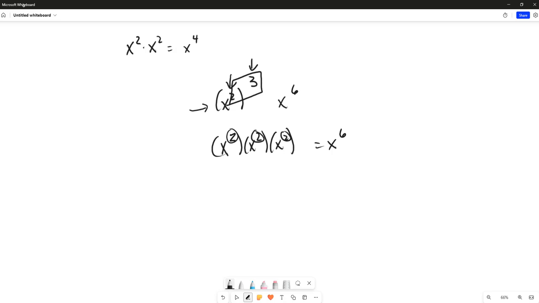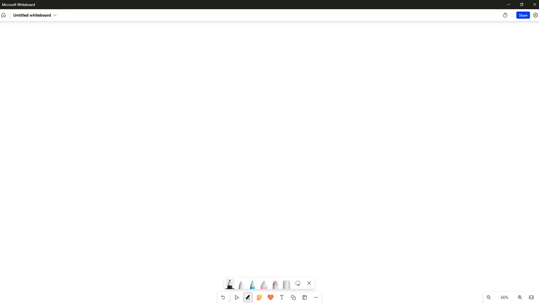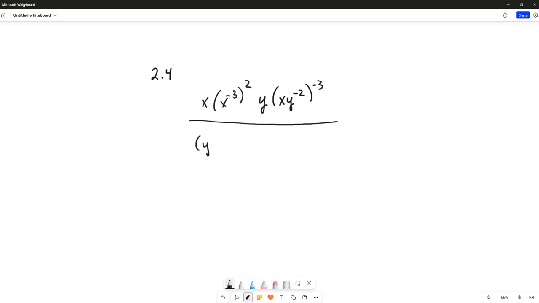All right, so if we take that and apply it to example 2.4 on the bottom of page 28, we have x times x to the negative 3rd power raised to the power of 2, and then y times xy to the negative 2nd power raised to the negative 3rd power over y to the 2nd power raised to the power of 3, y to the negative 3rd power times x squared raised to the power of 3.